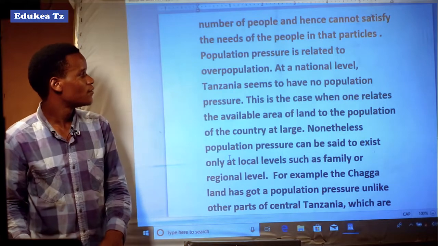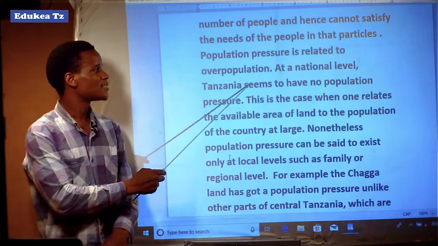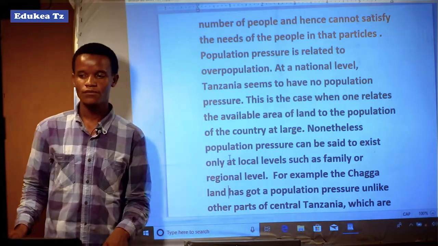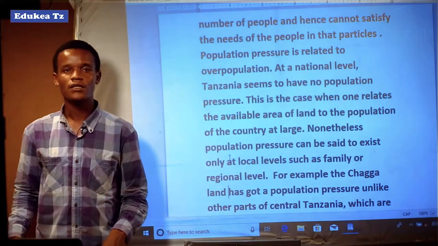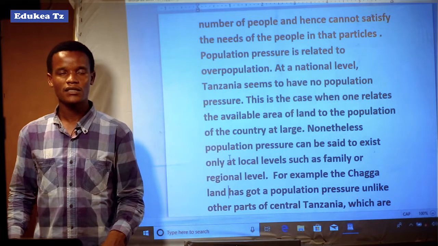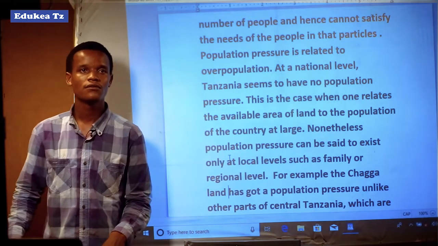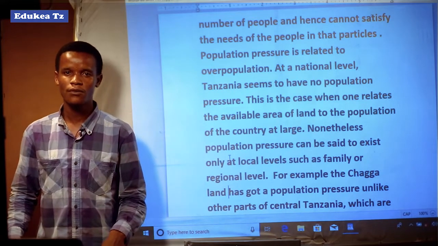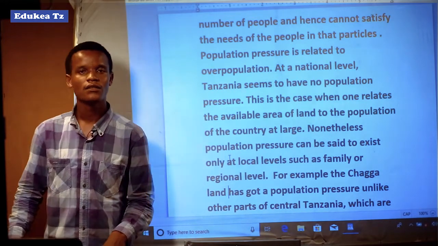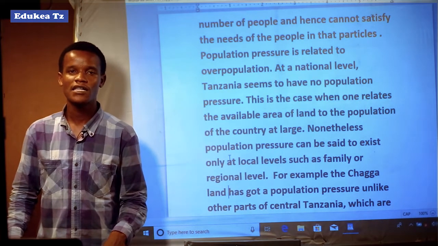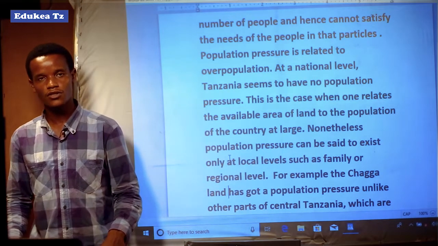At a national level, Tanzania seems to have no population pressure. Developed countries tend to have a high population compared to developing countries. For example, China and Japan tend to have a high population due to their advanced levels of science and technology, and even their advanced social services.